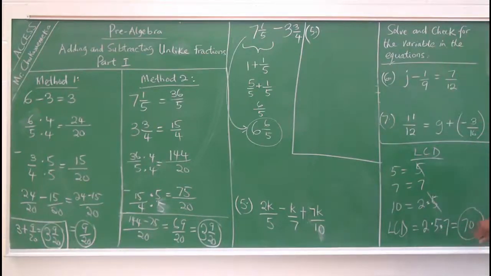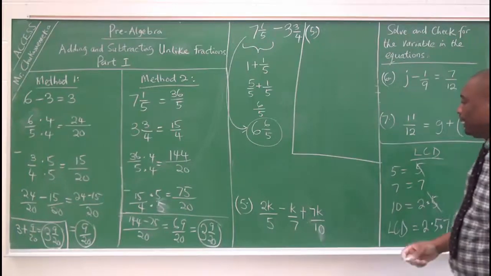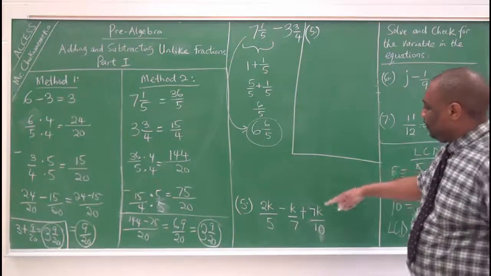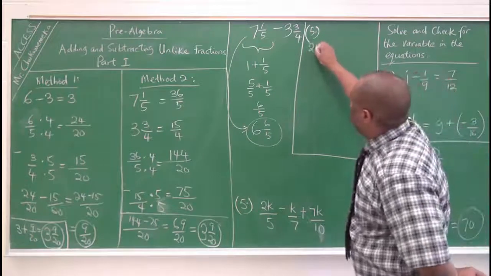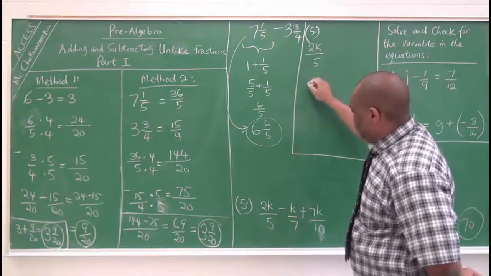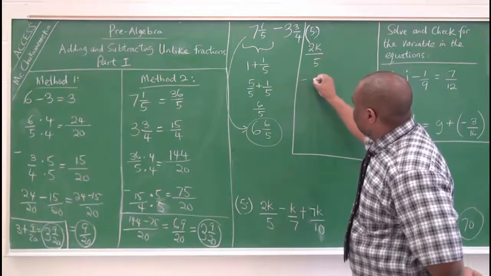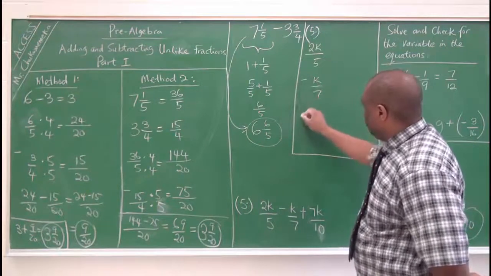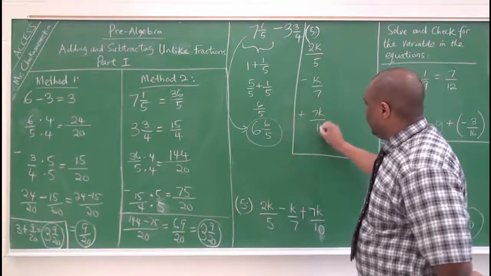Okay? So 70. Now let's express the equivalent fractions: 2k over 5 minus k over 7 plus 7k over 10.